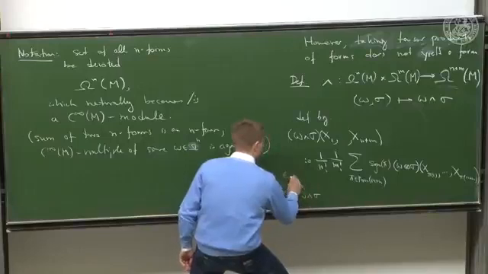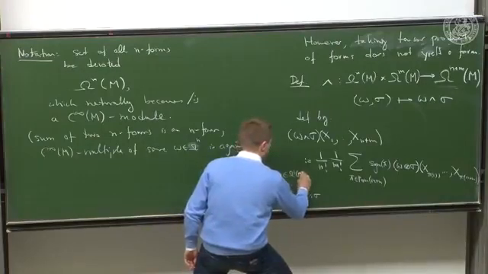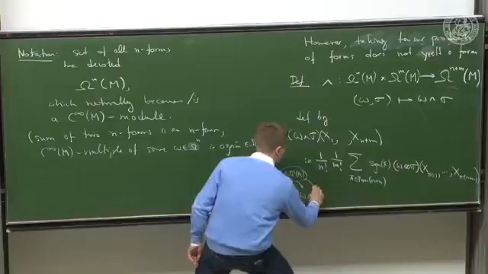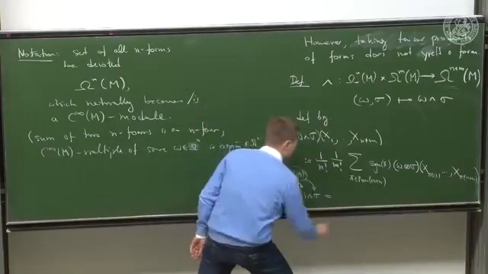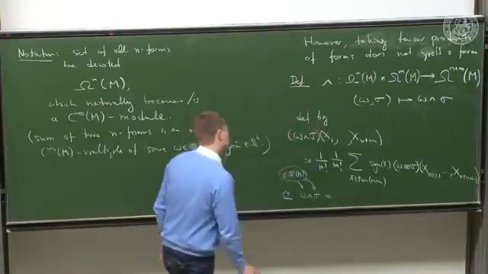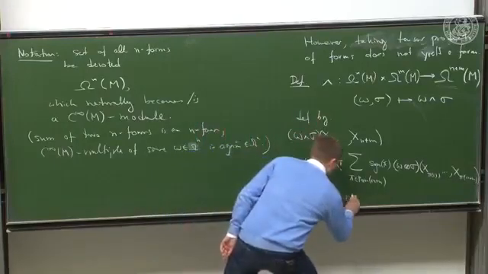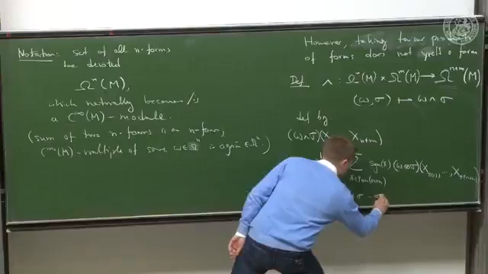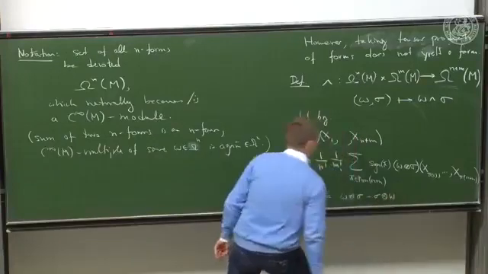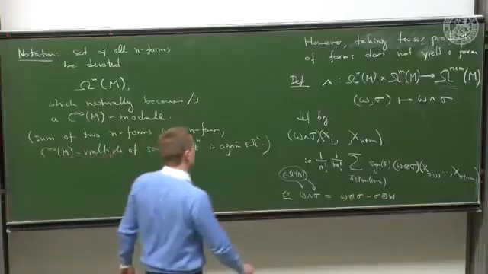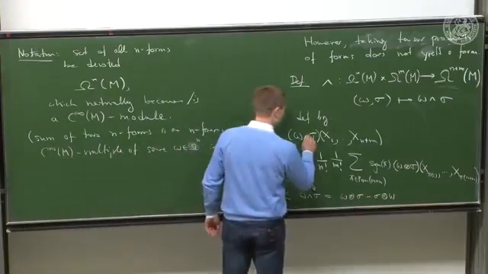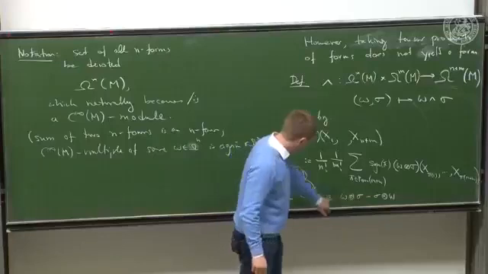Okay, the simplest example would probably be you take a one-form omega and also a one-form sigma, and what you then get is omega tensor sigma minus sigma tensor omega. The convention I chose here doesn't put a weight here.